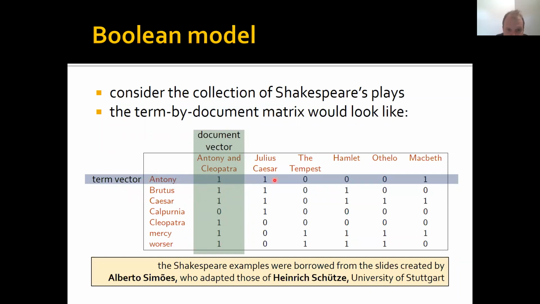We can see it inversely. For the term Antony, there are 3 Shakespeare's plays that include this term: Antony and Cleopatra, Julius Caesar, and Macbeth, right? The rest is 0. Okay, so this is the representation of the term by document matrix.